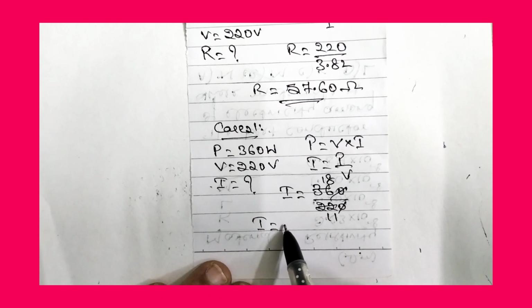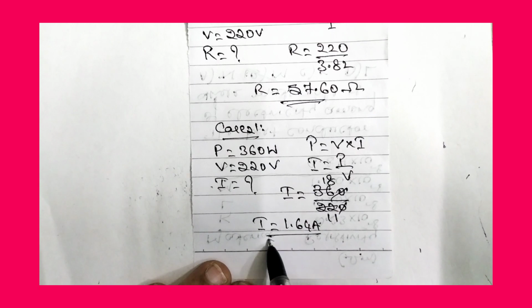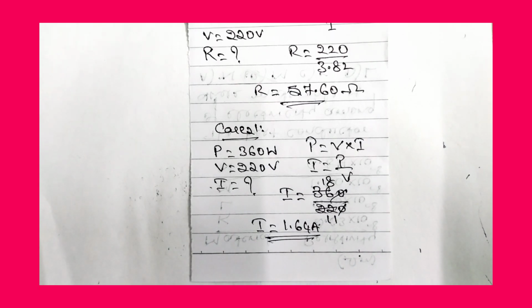I is equal to 18 by 11, which is 1.64 ampere. So 1.64 ampere of current flows through the electric iron.